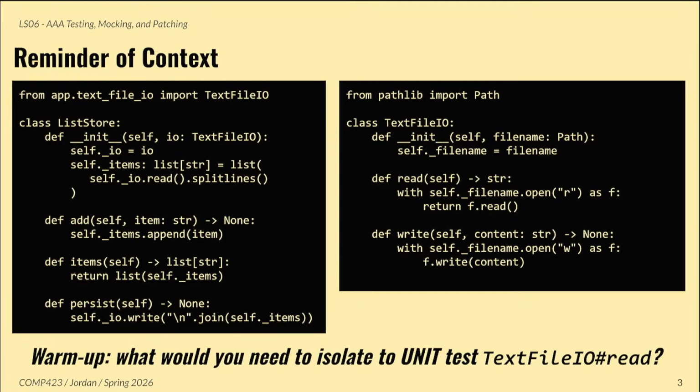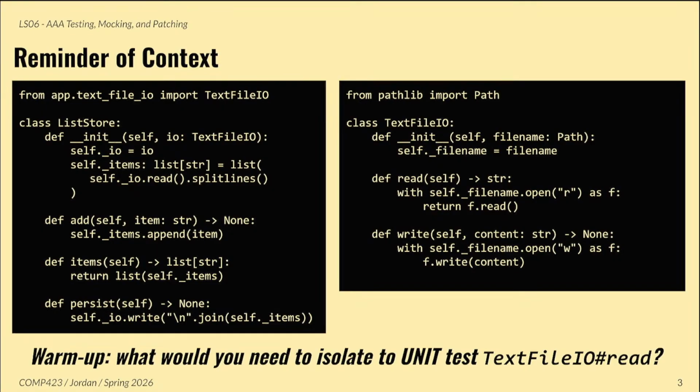Well, actually at this exercise, as we're starting to warm up, this is the context we left with. We were looking at these 2 classes, a list storage class and an underlying text file IO class. The text file IO's purpose was to just read and write some text to the disk using path, which we learned was about file paths. And so this allows us to save information to the disk.